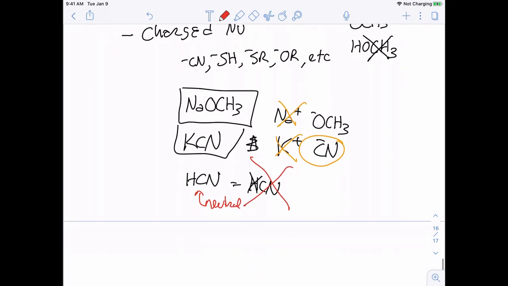It's not the same as CN minus. So if it's a metal cation with our nucleophile, you can ignore it. If it's a hydrogen bonded to it, it's a neutral nucleophile.